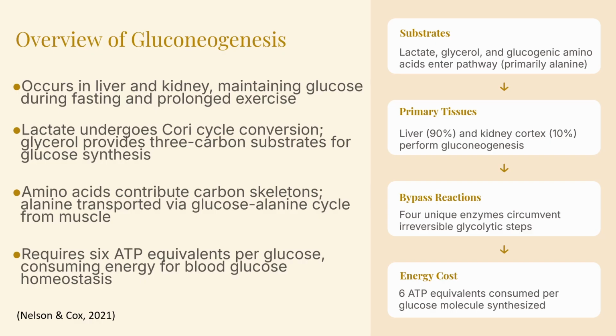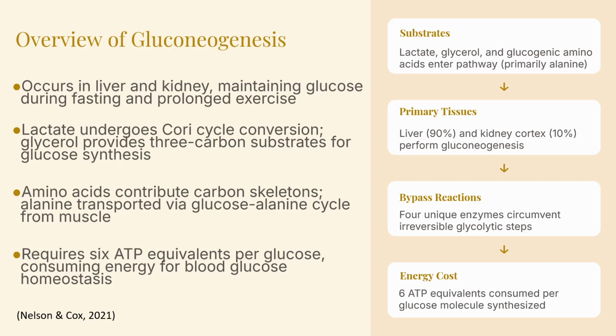Several different substrates can serve as starting materials for gluconeogenesis. One important source is lactate, which is produced during anaerobic metabolism in tissues such as skeletal muscle and red blood cells.